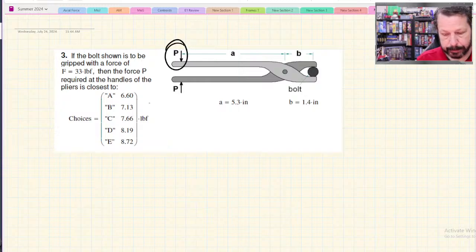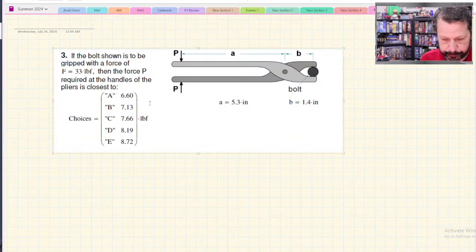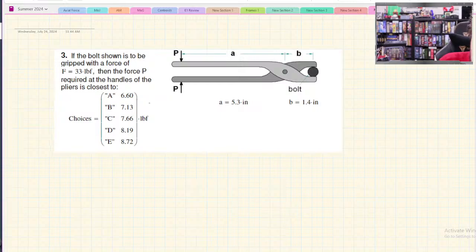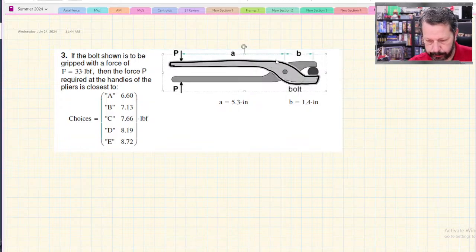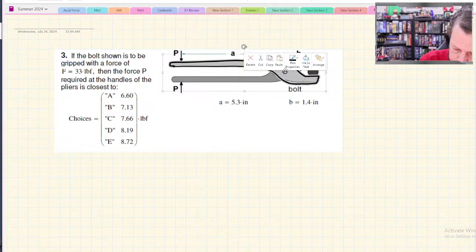So P is applied to either one of these, either the light gray or the dark gray part of the plier. So I'll just pick the light gray one, and why don't we do it this way? I'll just kind of trace over it. Okay, something like that.